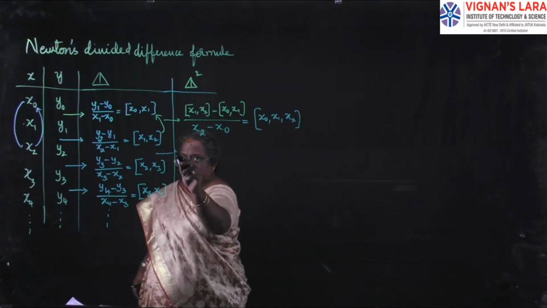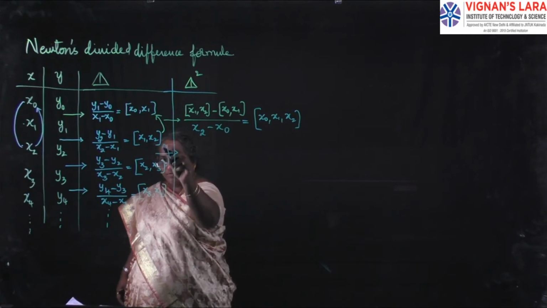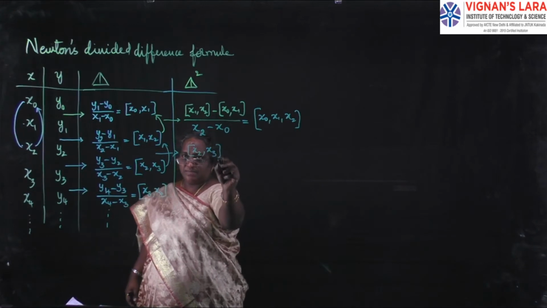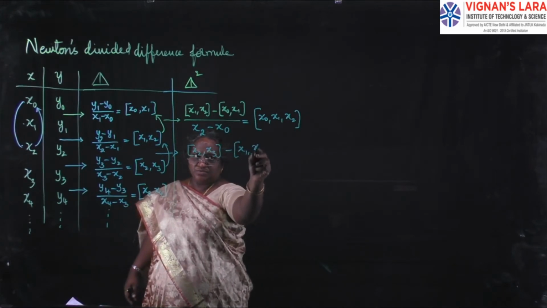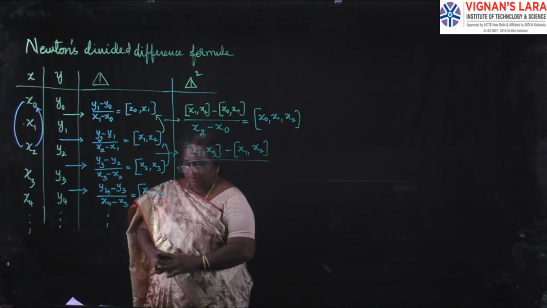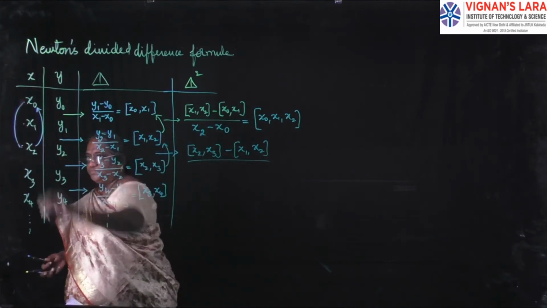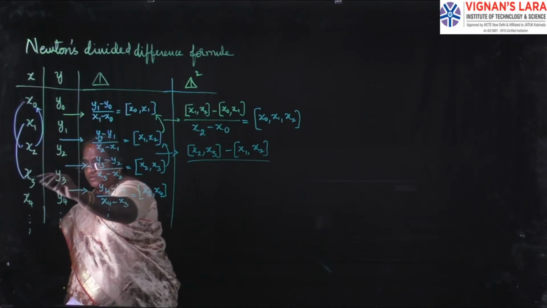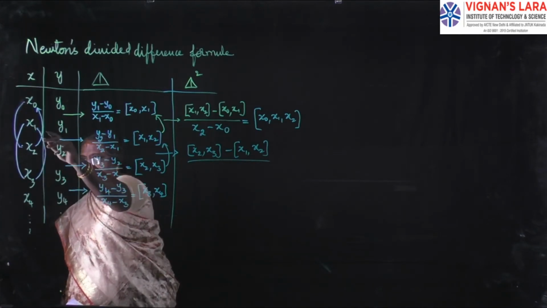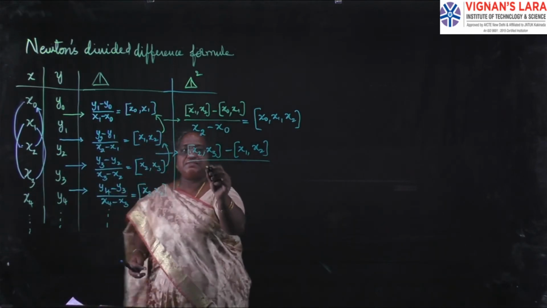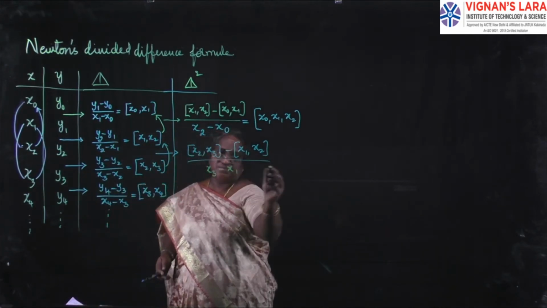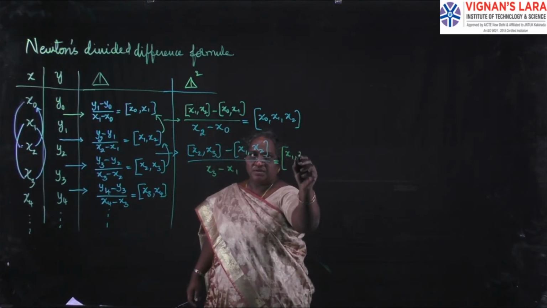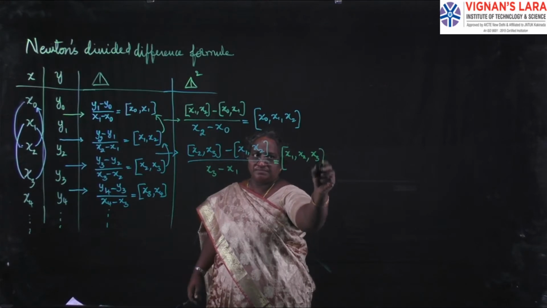Similarly, it is the difference of the first divided difference of x2, x3 minus that of x1, x2, by, now here we have to consider the next three starting from x1, meaning x3 minus x1. So this is the second divided difference of x1, x2, x3.